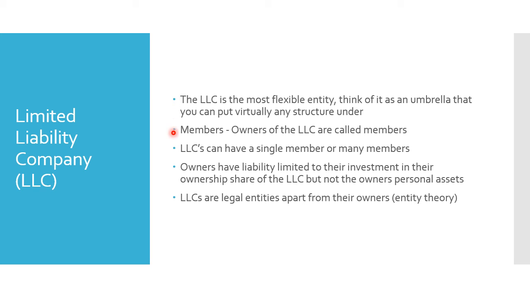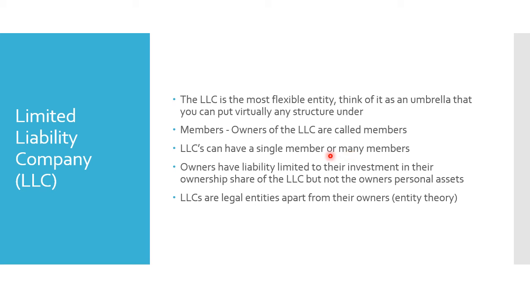I've already addressed this point, but be familiar with the term members. The owners are called members, and we don't use the word owner or partner. We use the word member. You can have a single member or a multi-member LLC. All right.